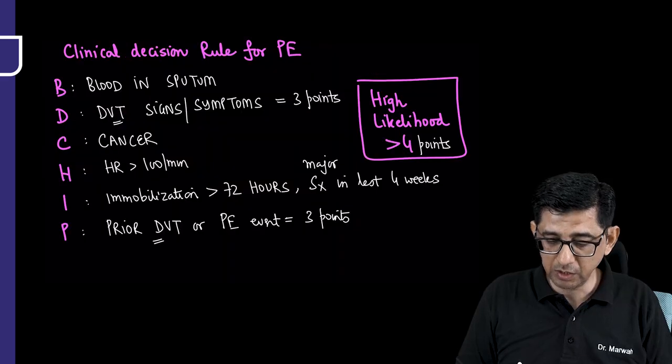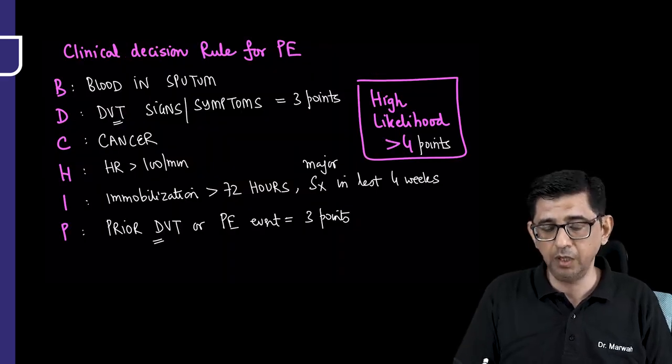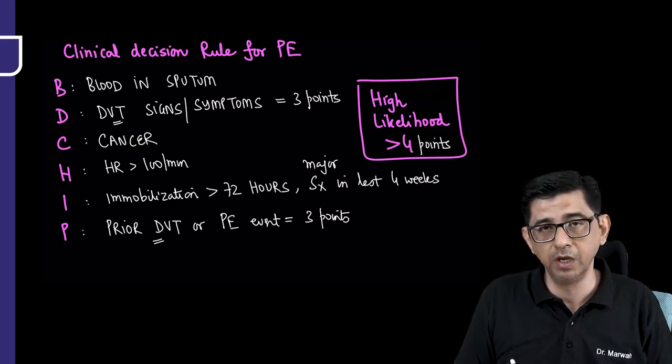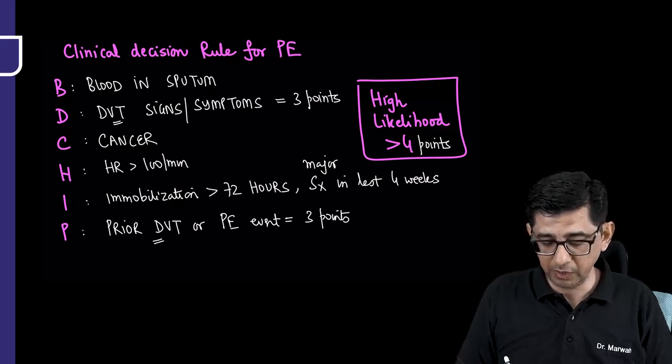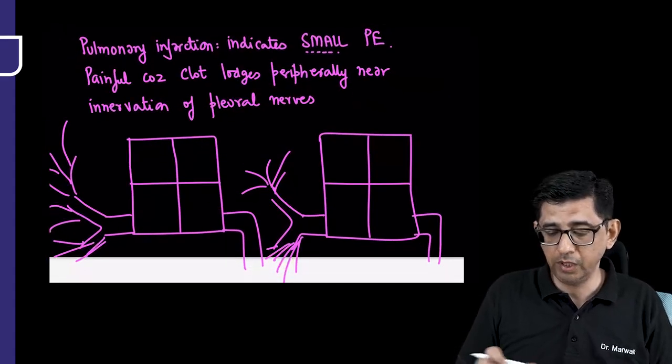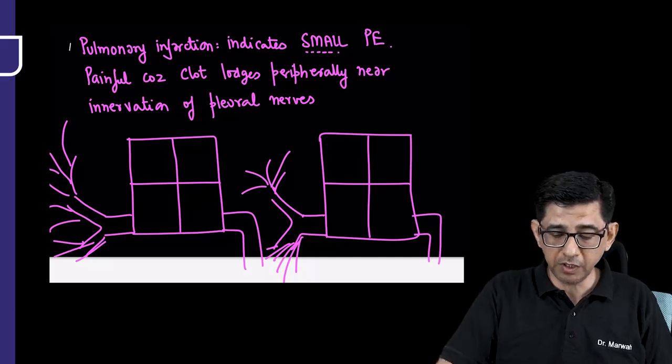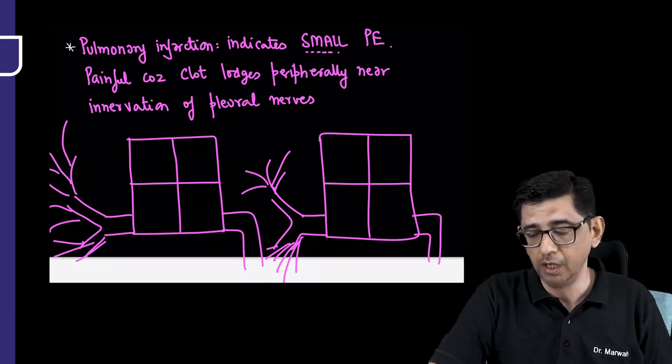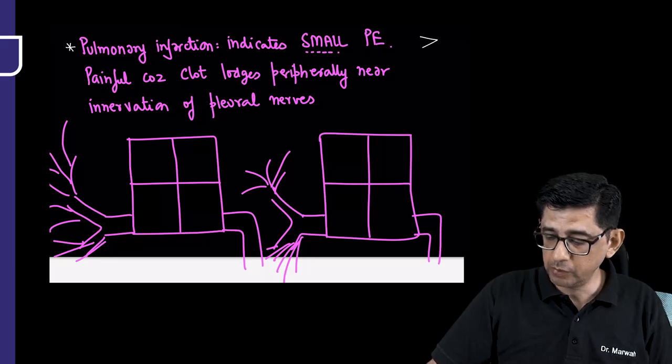But the case that I discussed before you, that was helping me. I mean, the case information that was given, some of the parameters were present. So I said it is a query pulmonary thromboembolism. And now I just want to tell you that if he says the word pulmonary infarction has occurred, pulmonary infarction would mean that there is a small clot which is causing a wedge-shaped opacity which is visible on an X-ray also.